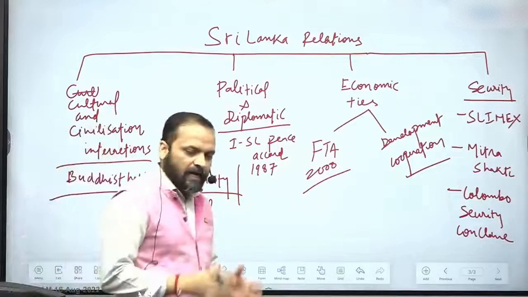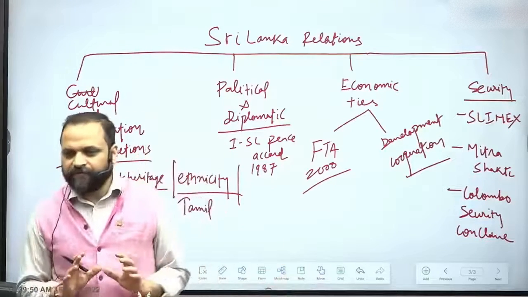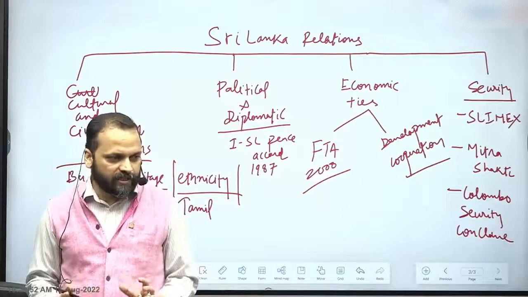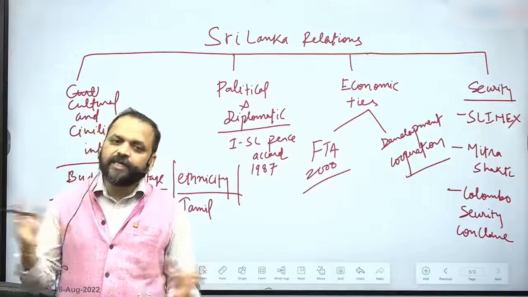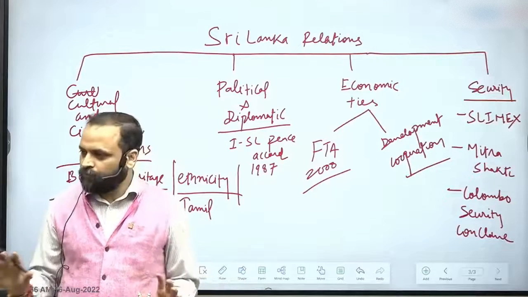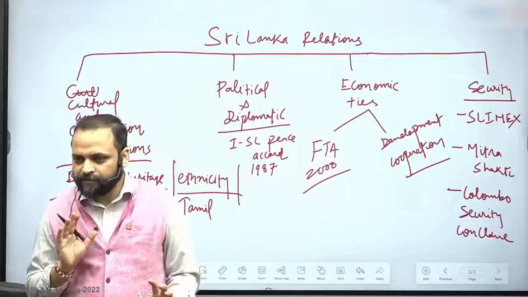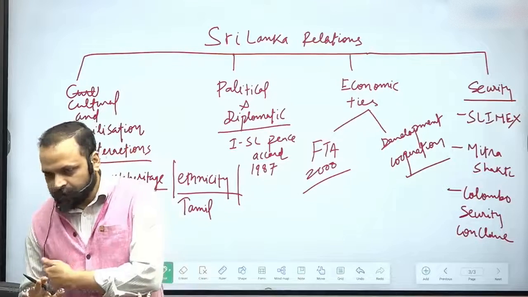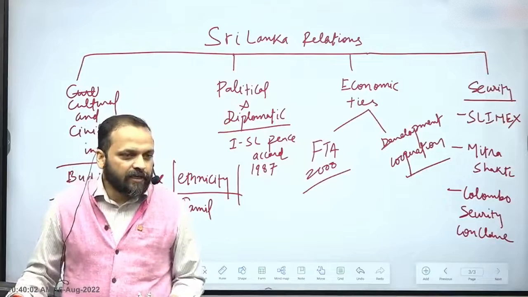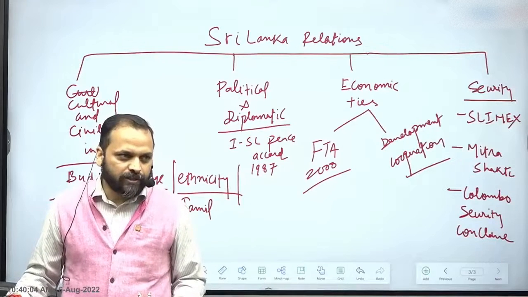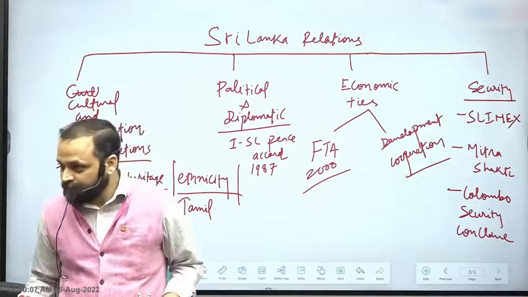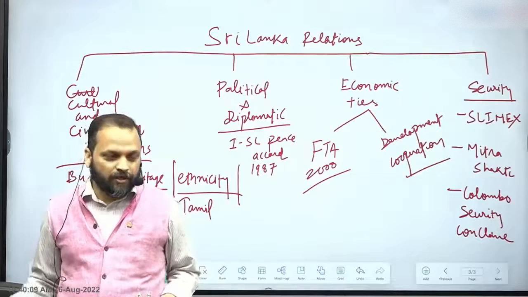One, any official document always emphasizes cultural and civilizational ties. So initiatives in India-Sri Lanka relations also focus on cultural and civilizational ties. For example, in 2020, the international airport at Kushinagar was inaugurated. Have you heard the name Kushinagar? What is Kushinagar known for?